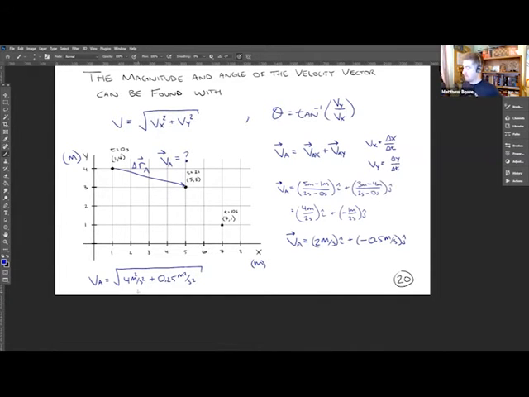Adding those up and then taking the square root, we have an answer of the magnitude of this velocity is about 2.06 meters per second.